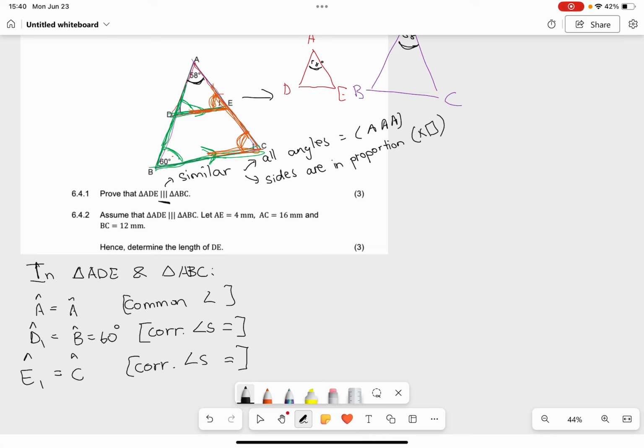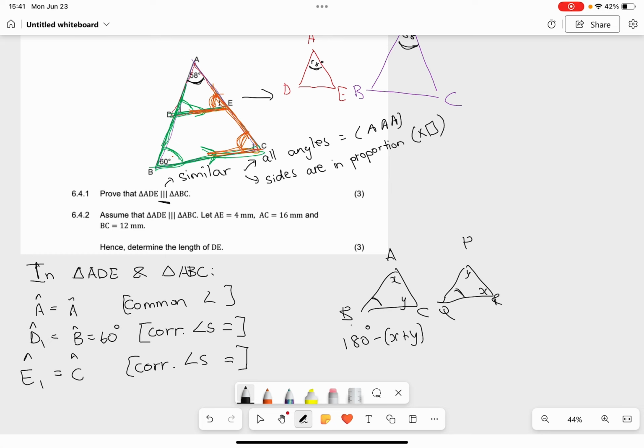But now I want to tell you something. If I have two triangles, let's call this triangle ABC and this triangle PQR, and I know that this angle is equal to X and this angle equals X, this angle equals Y and this angle equals Y. If I can prove that two angles in the two different triangles are equal to each other, the third one will automatically be equal, because remember there's something called the sum of the interior angles of a triangle, which says that if I have two angles, the third one will be 180 minus the sum of those two angles.